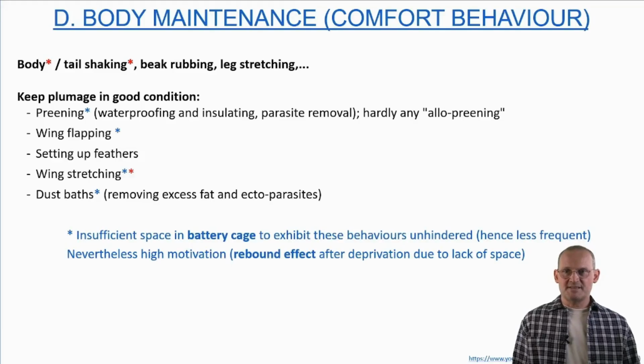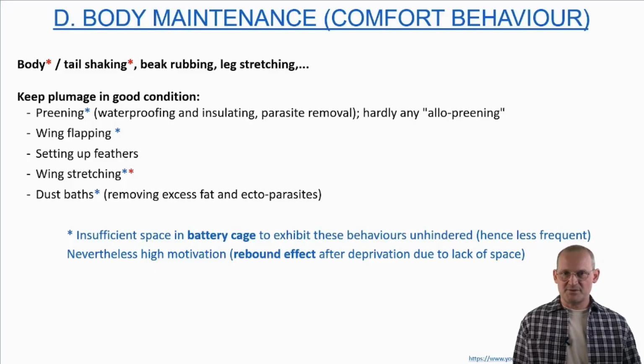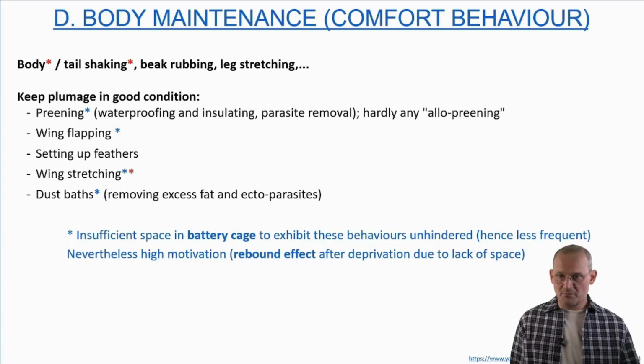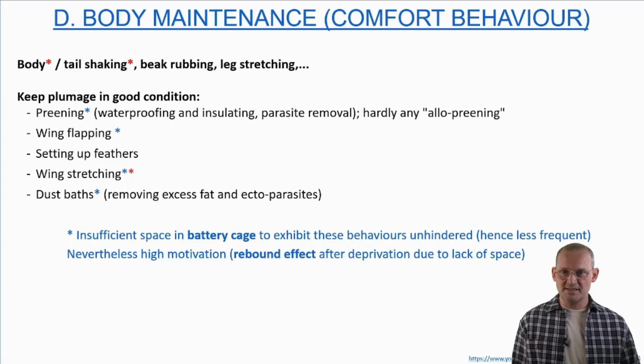I've indicated various of these comfort behaviors with a blue asterisk to indicate that we see much less of these behaviors in battery cages, simply because they don't have enough space for performing them. So you see them much less frequently than if they have more space than a battery cage provides. But we know that these behaviors have a high motivation.